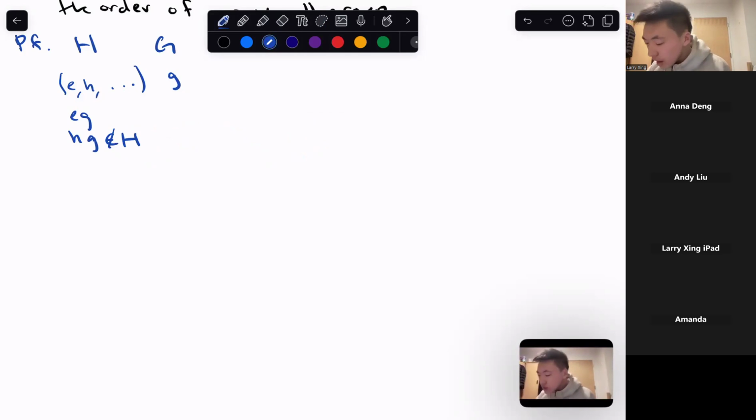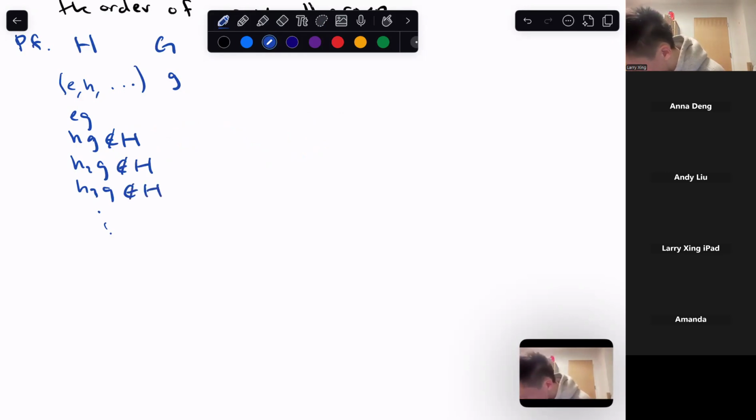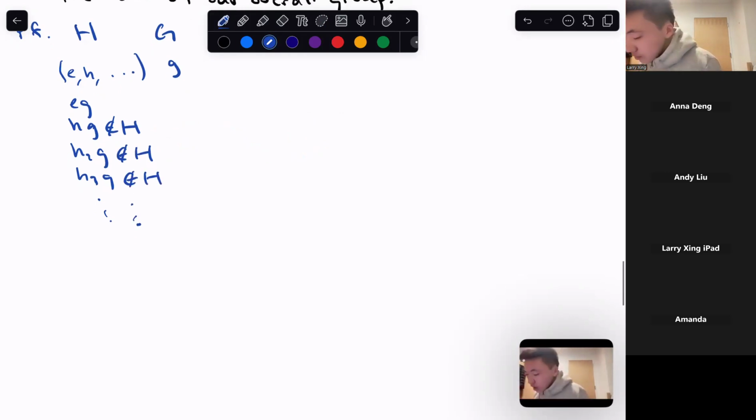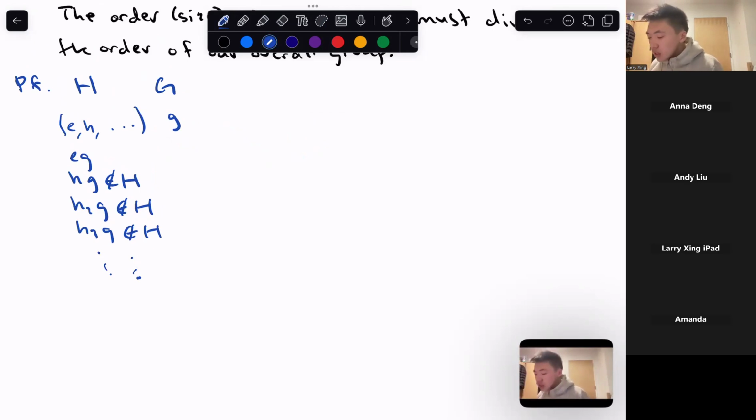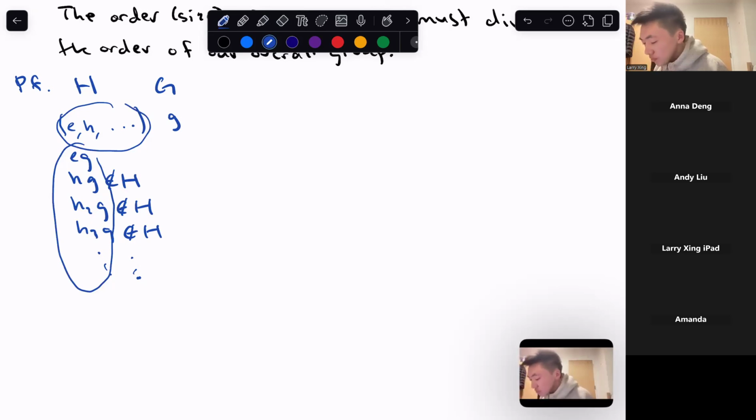And that means that every right product, like h2g, h3g, and so on, these are all not within H. And now let's say we add this to our set, and now we say, what if we find an element that isn't included in the set of these? Then we apply the same argument, right? So let's say there's g2.